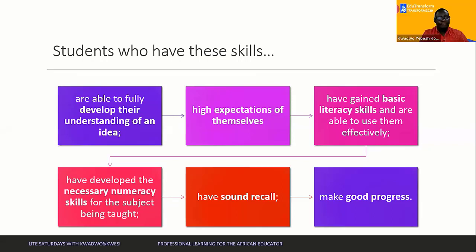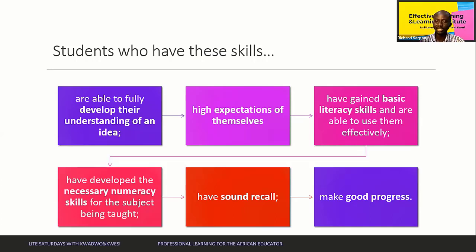And this is something that most curricula actually require students to have. They have high academic expectations of themselves. And they also have acquired the required literacy and numeracy skills in order to understand, comprehend, and fully access the curriculum that they are being exposed to.